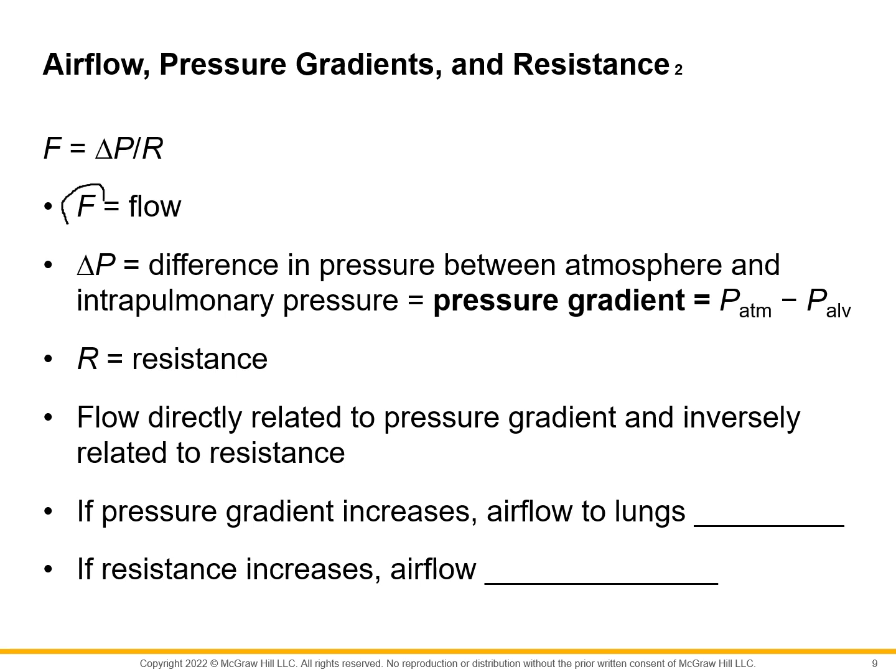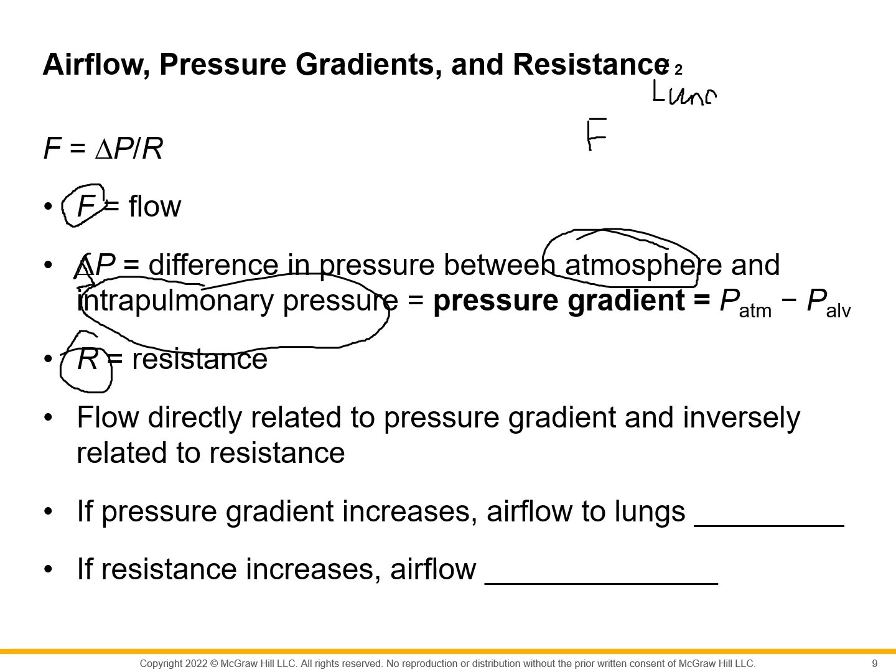If F is your total airflow, delta P is the difference between pressure in the atmosphere and pressure inside your lung, right? And R is resistance. So let's say this is the lung, this is the atmosphere.